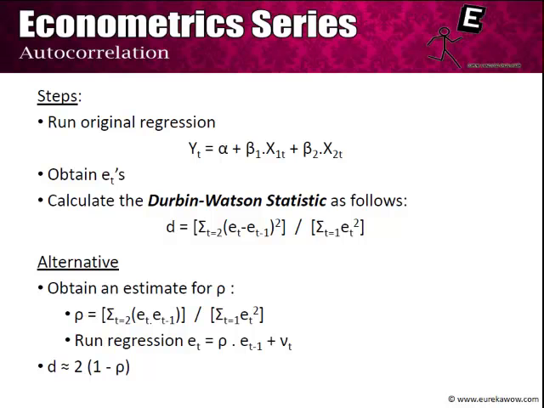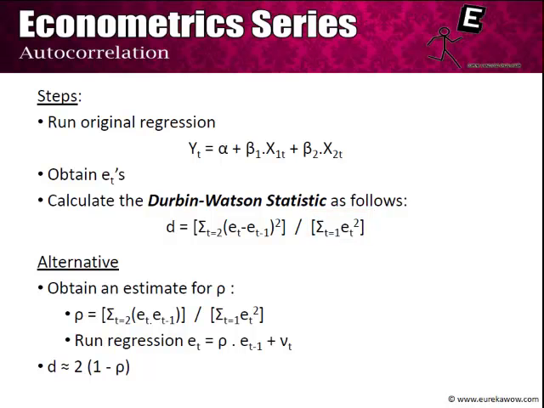So we find out the difference of et from et minus 1 for all t starting from 2. We square this difference and then sum it over all t from t equal to 2 to t equal to n, and we divide it by the sum of et squares from t equal to 1 to t equal to n. This gives us the Durbin-Watson D statistic.